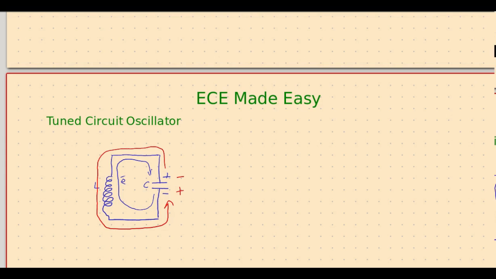So if you just look at what exactly is happening, if you just try to plot the voltage across the capacitor: in the beginning we started with a maximum voltage, then it started reducing, and when it reached zero, that means the two plates were electrically neutral, but due to this magnetic field the charges continued to flow, and hence it reached the peak.